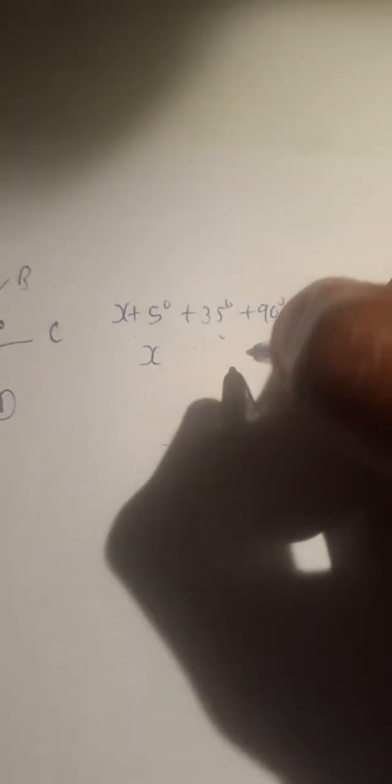Then from there, we are going to do what? Solve for x. We isolate x on the left-hand side. Then we transpose. In other words, 5, 35, and 90 are separate terms from x. We take them over to the right-hand side.